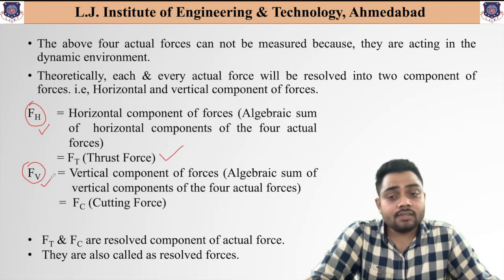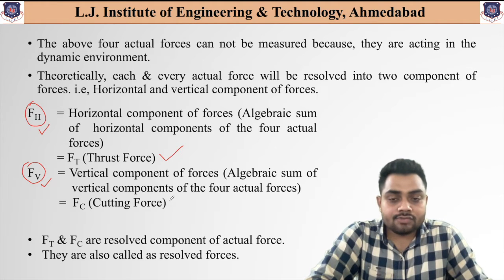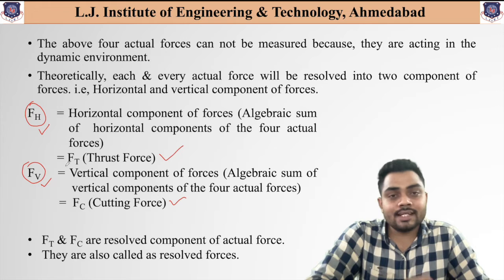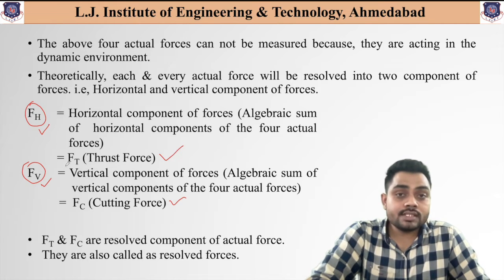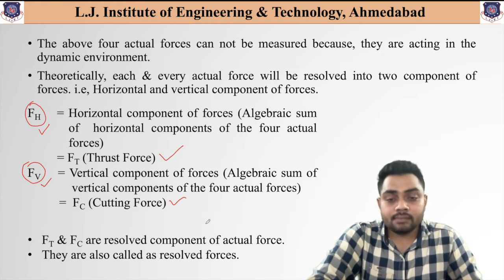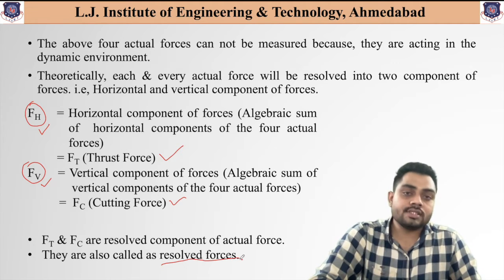The vertical force helps to remove the material and perform the cutting operation, so we will call it the cutting force. So Fh and Fv are now replaced by the thrust force and the cutting force. We obtained these two forces by resolving in the horizontal and vertical directions, and that is why in many cases they are called the resolved forces.